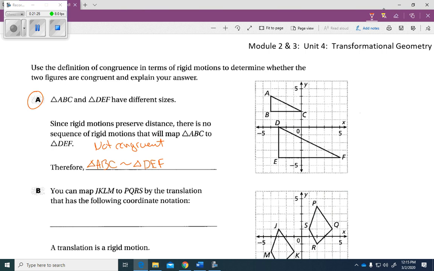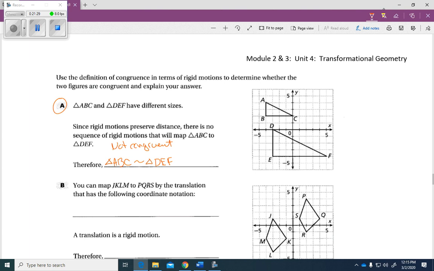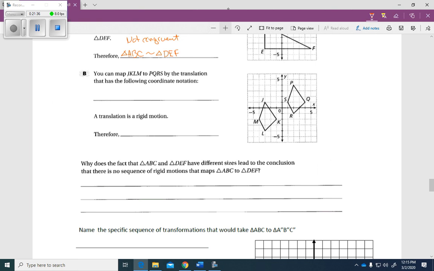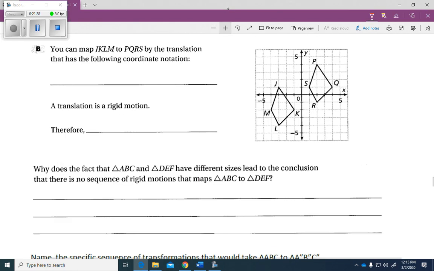And then B, you can map JKLM to PQRS by the translation as the following coordinates. So I just have to translate JKLM. This is my original.